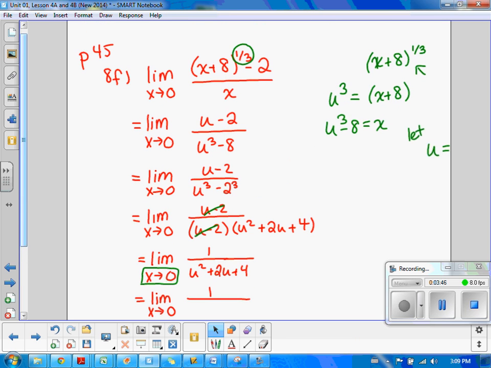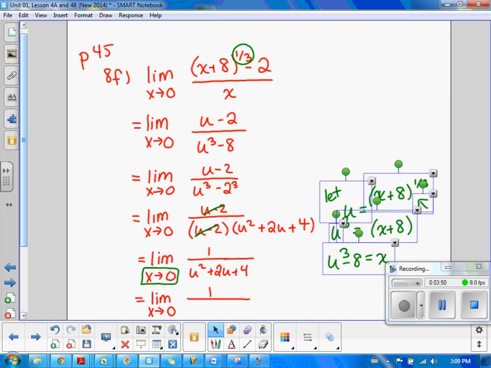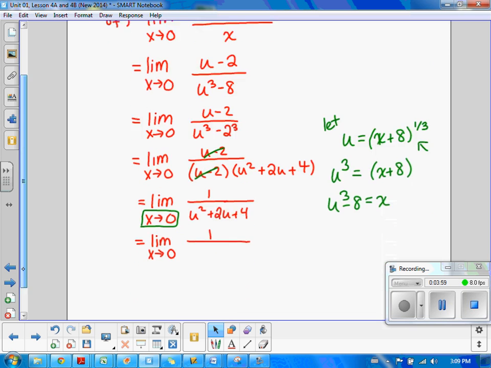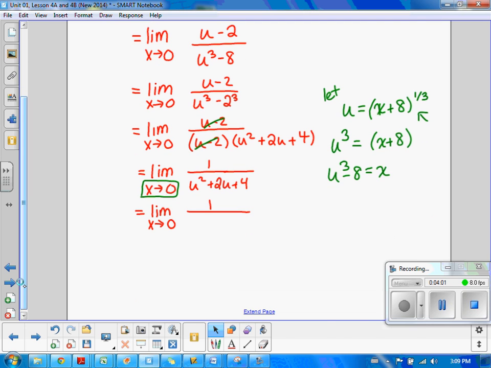So we're going to replace u with x plus 8 to the power of 1/3.